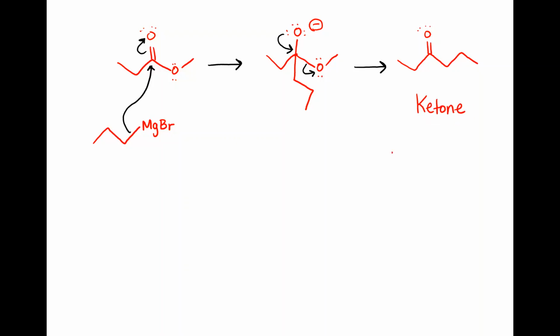So remember that ketones have electrophilic carbonyl carbons, and so that's why we needed excess Grignard, because there's no way to isolate the ketone. As soon as it's formed, any Grignard reagent available will attack the carbonyl carbon.